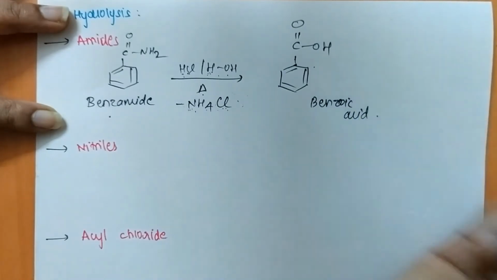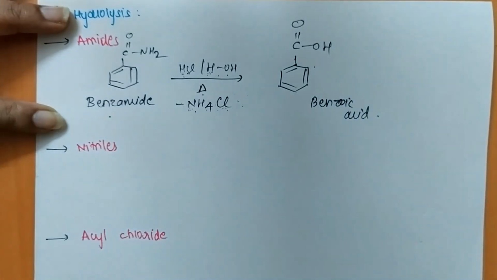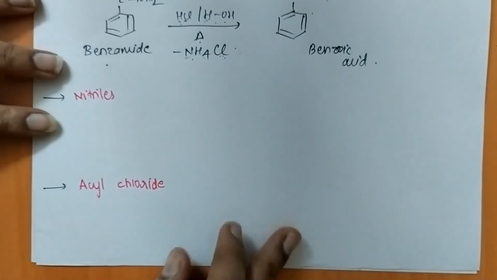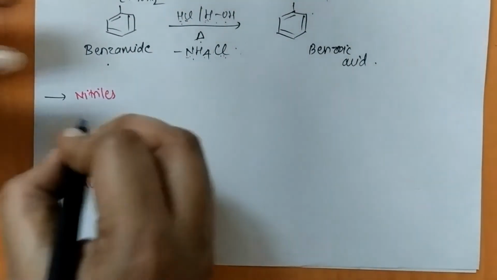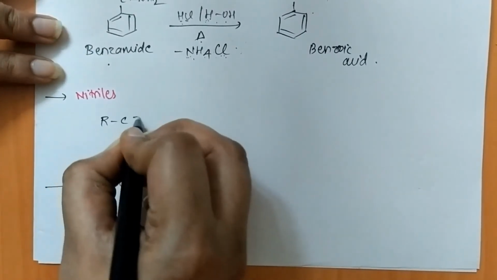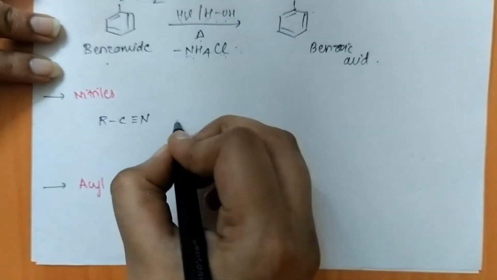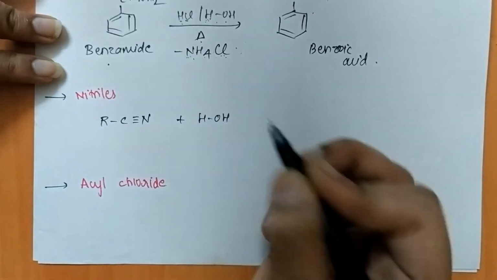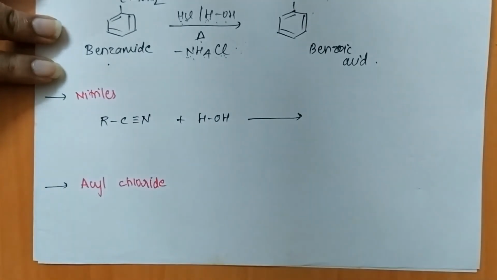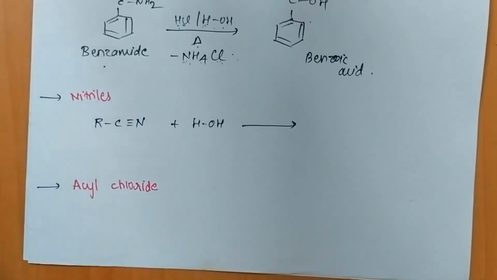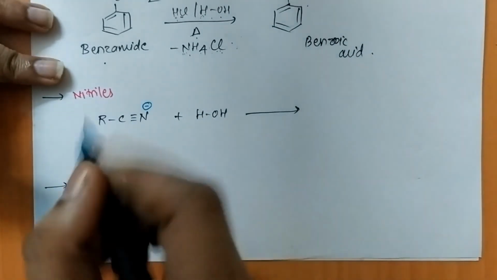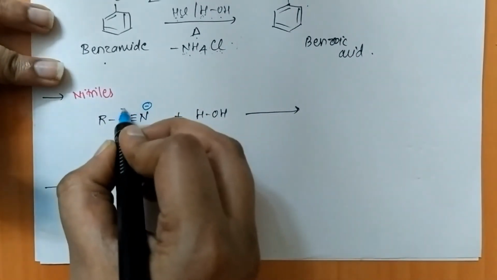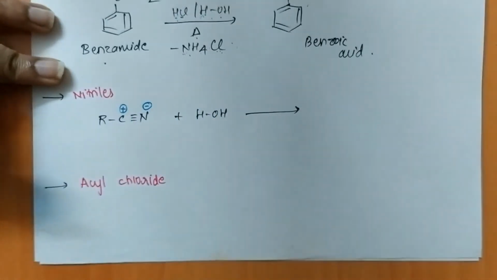Now if you talk about nitriles, nitriles are simply also called cyanides. So let us consider R, C triple bond N, which is reacting with water. When this reaction occurs, we know that N has a negative charge and this carbon is considered to have a positive charge.